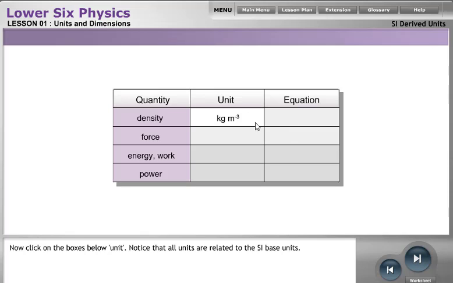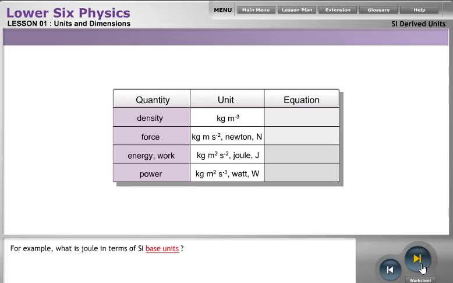Notice that all units are related to the SI base units. For example, what is joule in terms of SI base units? Answer: 1 joule equals 1 kilogram meter squared per second per second. What equations relate each of these quantities to simpler quantities? Click the boxes below equation to check your answers.